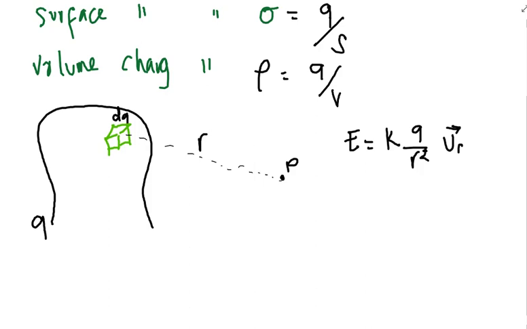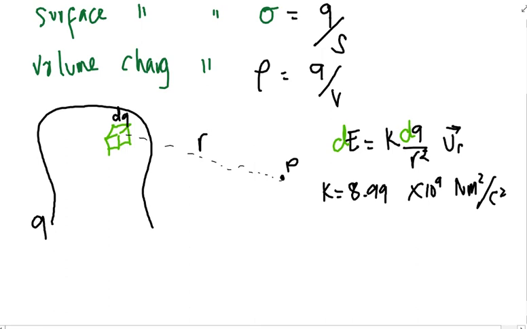But this time, since we are considering dq, we will be using dq here. Both are differential: the charge we consider and the electric field it produces, so we will have dE. We also use the same constants here: k, the Coulomb constant, which is equal to 8.99 times 10 raised to the power of 9 newton meter squared per coulomb squared.